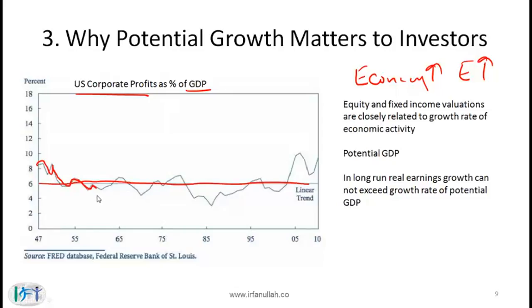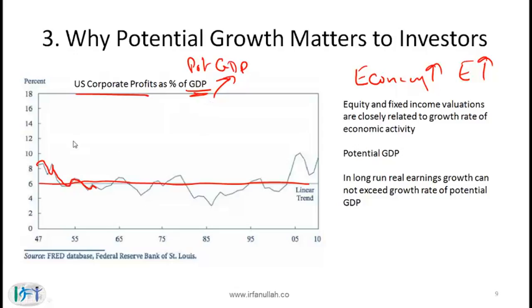So this tells us that in the long run, we have a 6% ratio here, that US profits will in general be 6% of GDP, and this GDP is the potential GDP. So as the GDP grows, so will the corporate profits. In the long run, the corporate profits and GDP will grow at roughly the same rate.